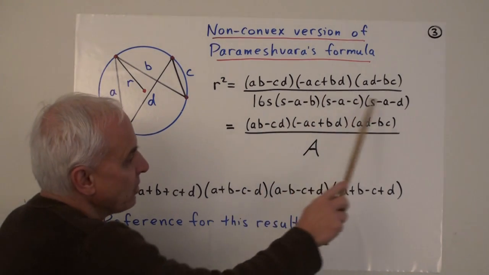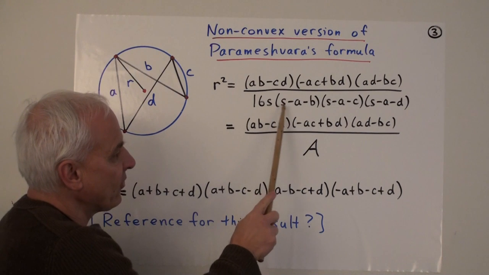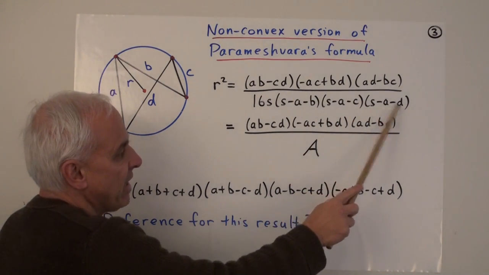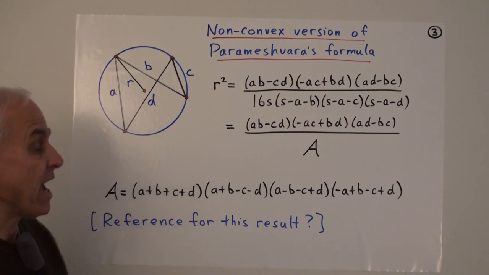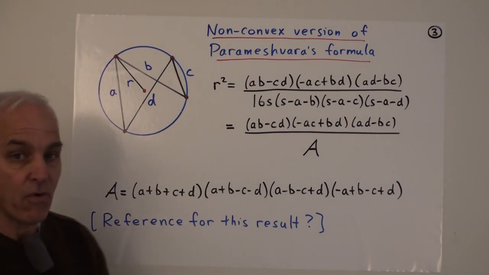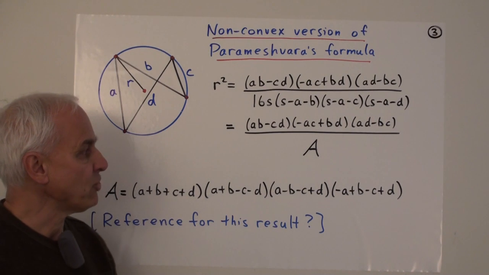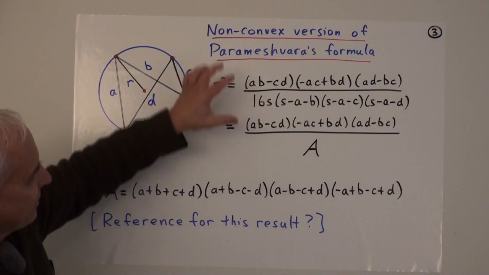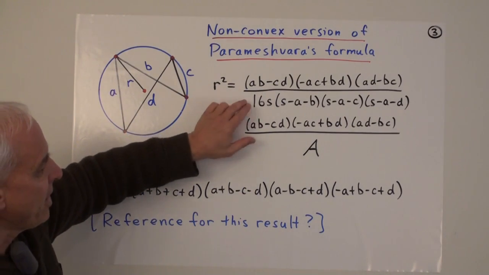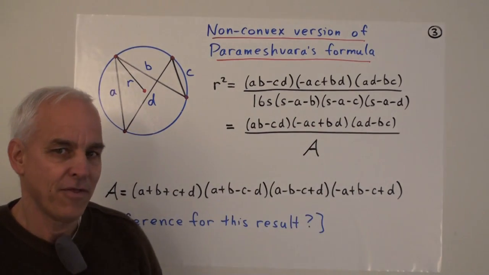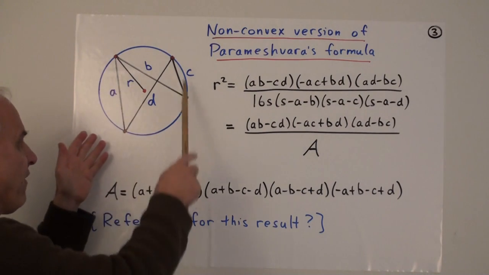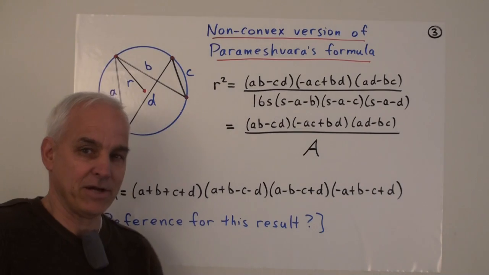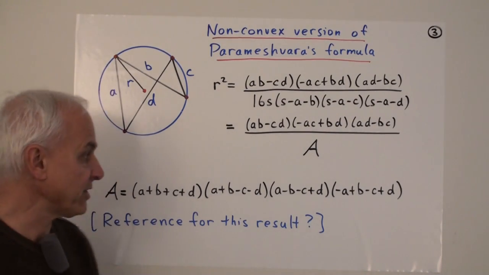And the denominator is also a little bit different. It's 16 S times (S minus a minus b)(S minus a minus c)(S minus a minus d), where S is, as before, the sum of the 4 lengths divided by 2. Well, we can recognize that this denominator is, again, the quadrea of this non-convex quadrilateral. 16 times the square of the area still makes sense for a non-convex quadrilateral.